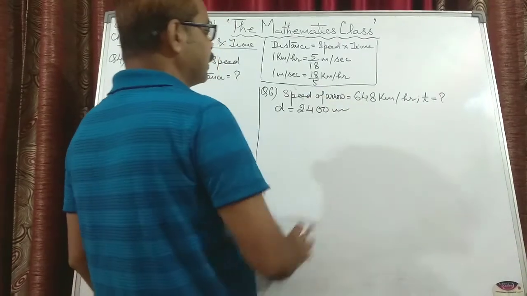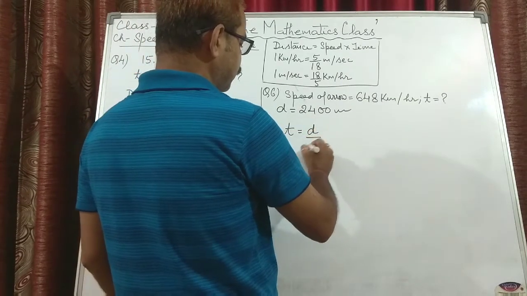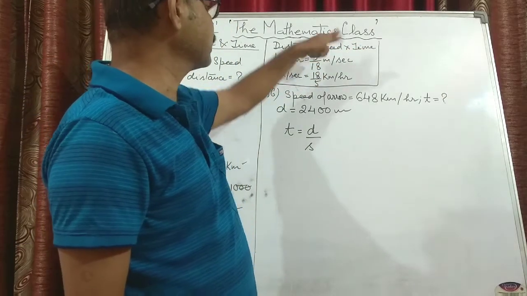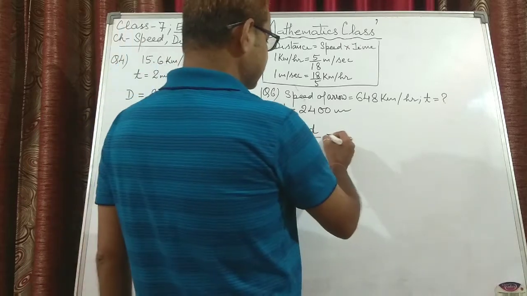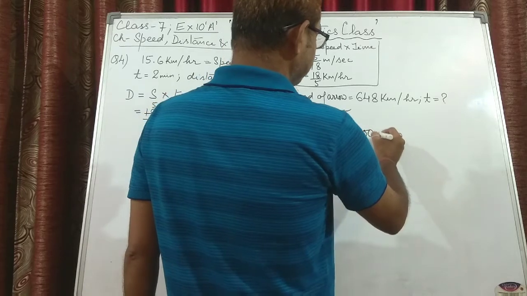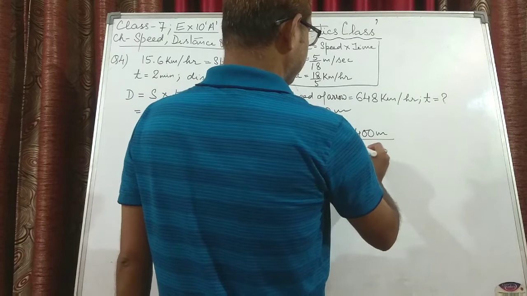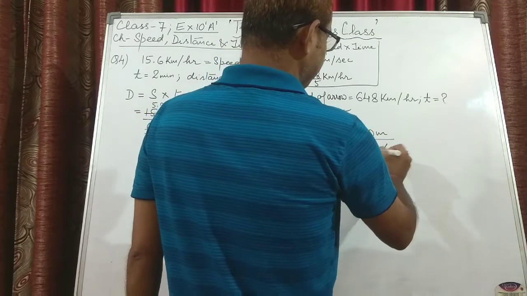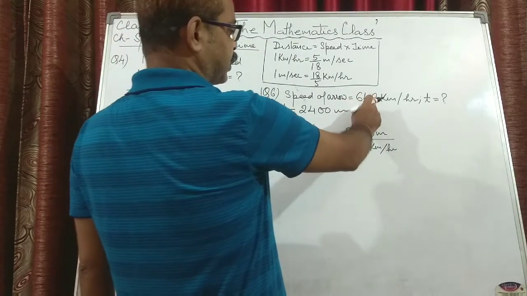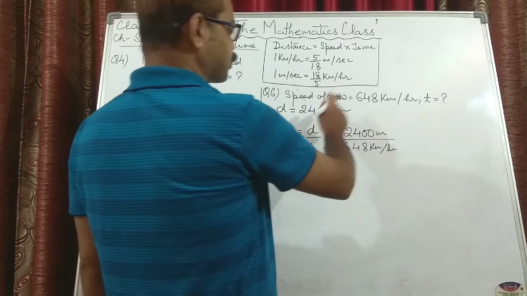So we have to find the time taken by the arrow to travel this. So we know that time is equal to distance upon speed, and distance is given how much? 2400 meters, and speed is given 648 kilometer per hour. So what we'll do, either we change 648 kilometer to meters, or we change 2400 meters to kilometers.